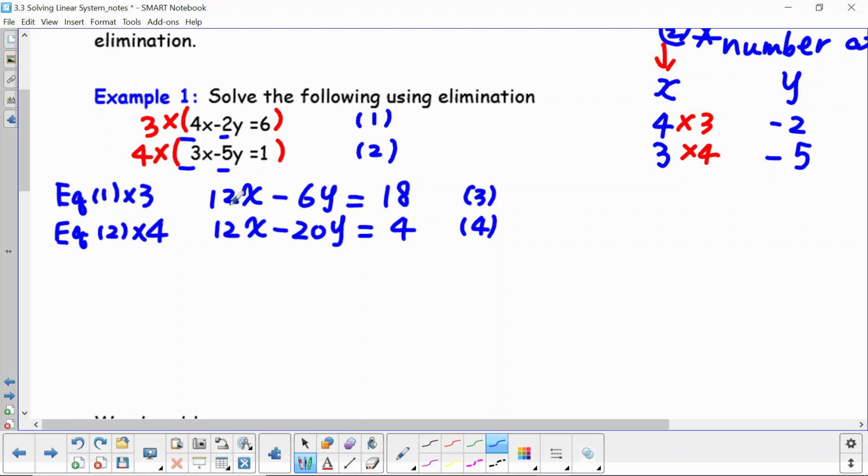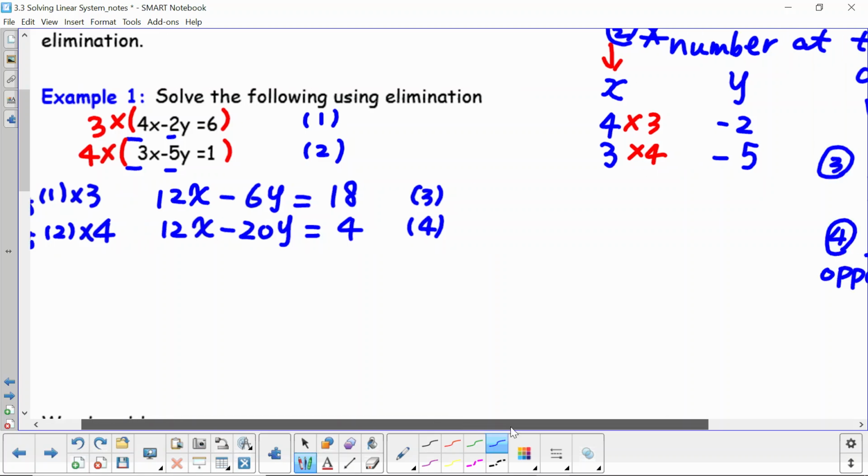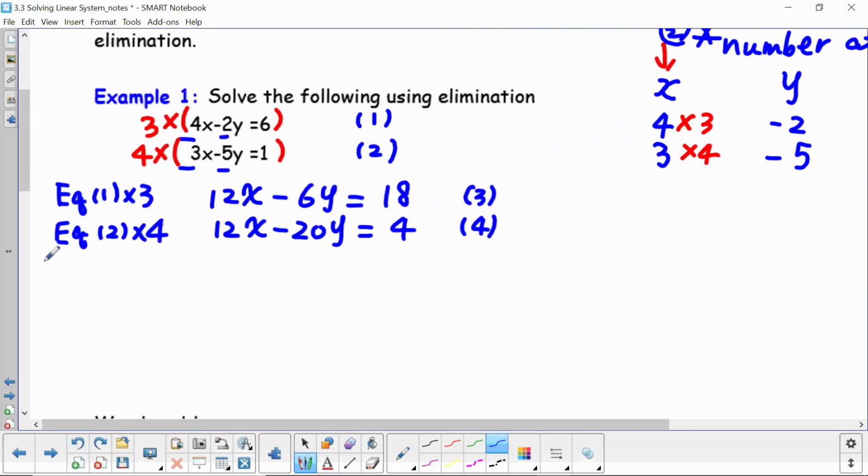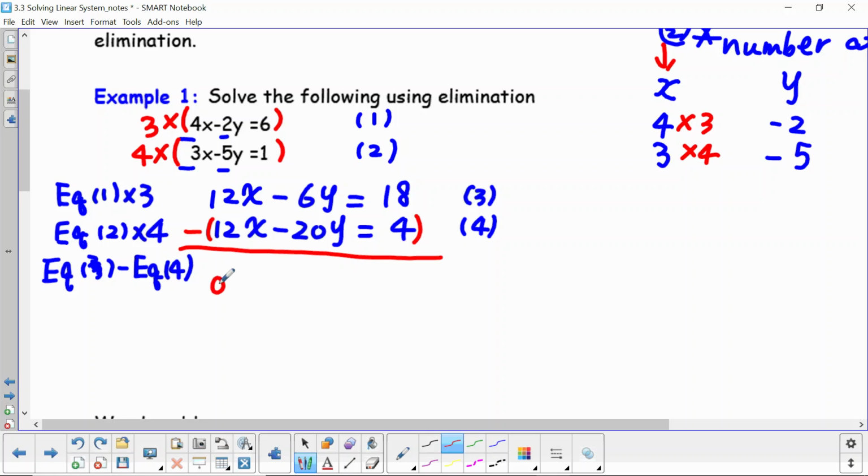Then because these two are the same, we subtract. So equation 3 minus equation 4. Okay, equation 3 minus equation 4, so we are going to use brackets. Then we do 12x minus 12x gives you 0x.